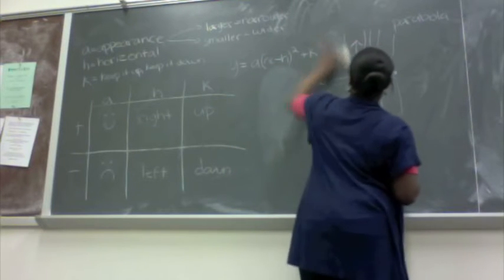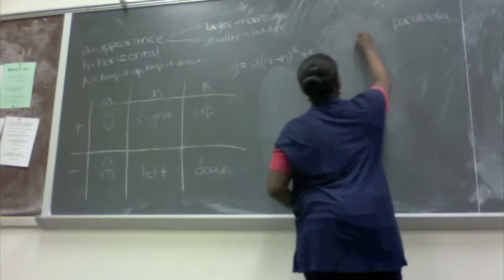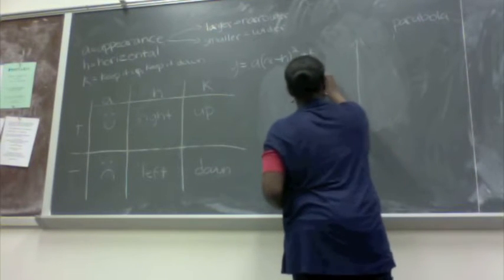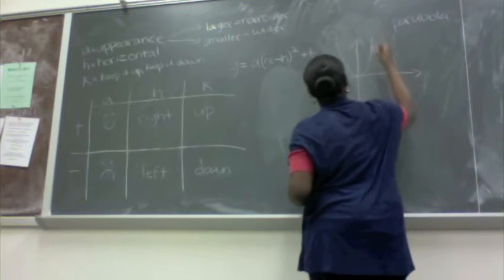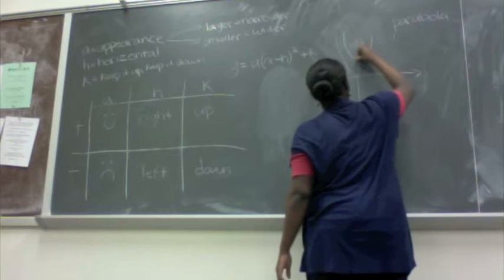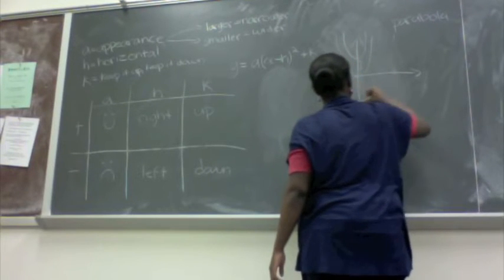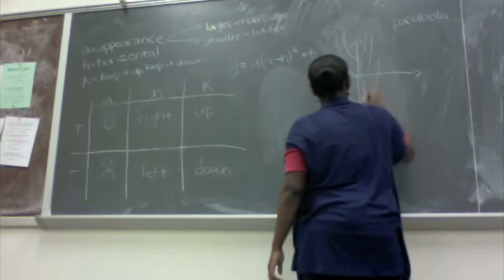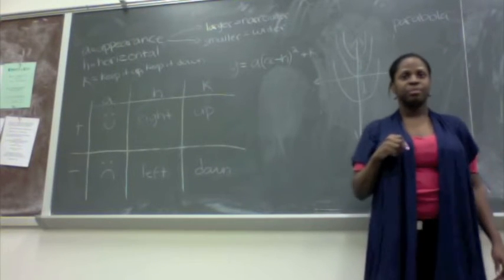Okay? Let me actually draw this for you guys. So if you're starting here, if k is positive, it would move that way. And if k is negative, it would move that way. Does everyone understand that? Are there any questions?